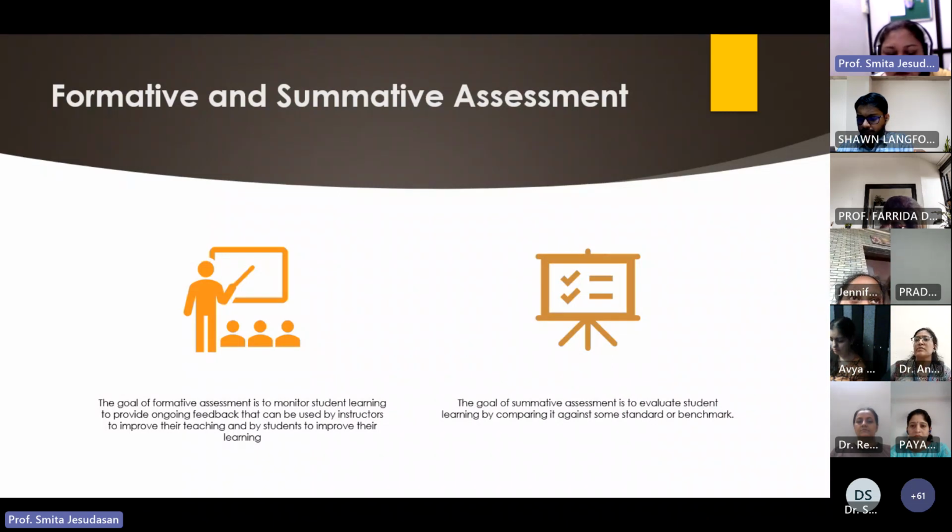Formative assessment should be planned in a structured way and in a meticulous way because it gives feedback to the students to improve their performance. And we as teachers should take it very consistently and we should plan for it in advance.